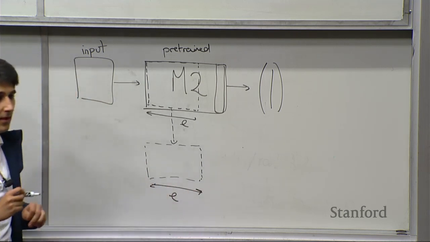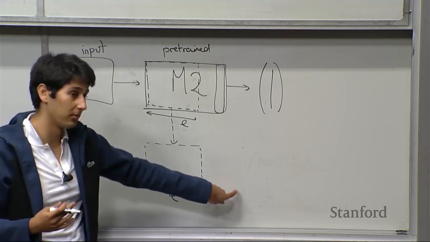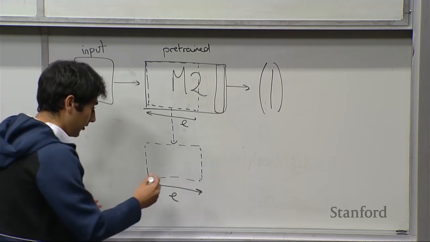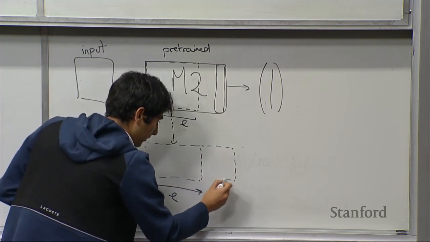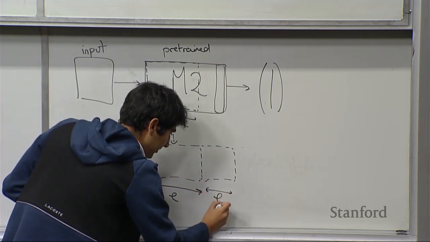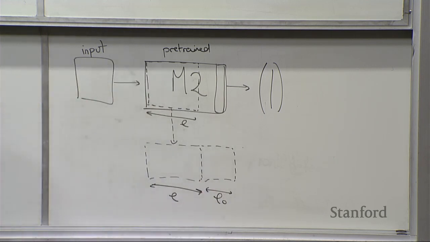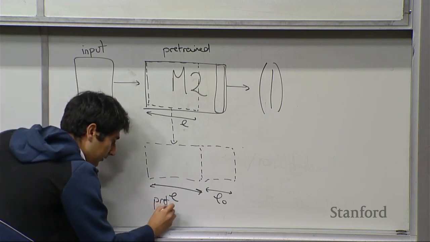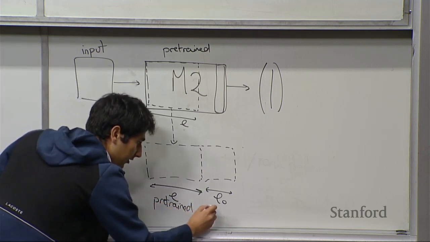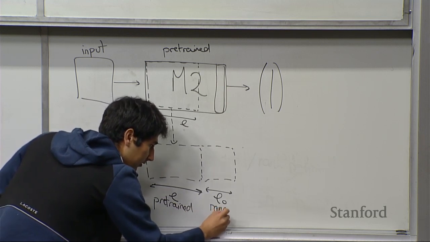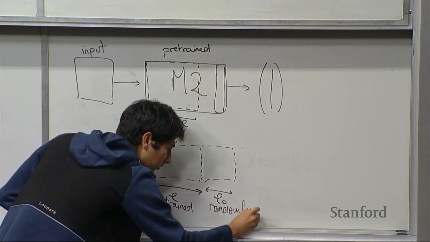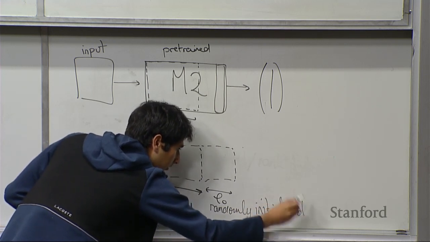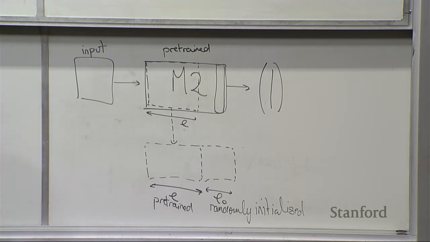We probably have to add a certain number of layers here in order to produce our segmentation. So there's probably another hyperparameter, which is L0. How many layers do I stack on top of this one? And remember, these layers are pre-trained, but these ones are randomly initialized. That makes sense? So two hyperparameters.